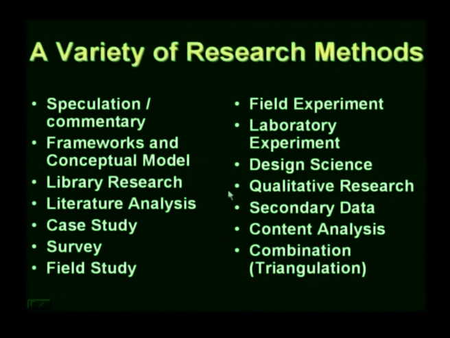So we are using qualitative research to develop a survey instrument, or we can use any combination of these things. For example, field study and field experiment, or it could be more than two research methods as well. This will be called triangulation. If you receive the same type of results by using different types of research methods, it adds power to your research and analysis.